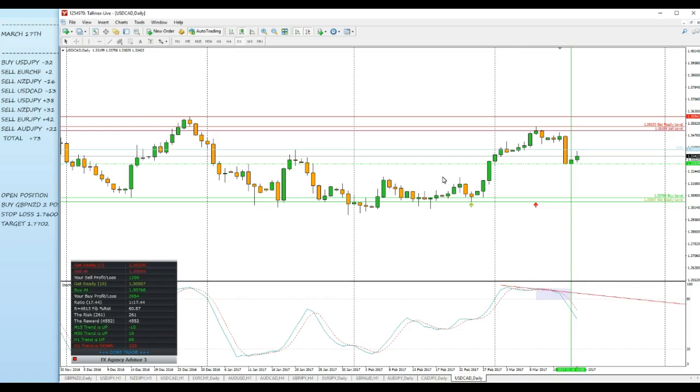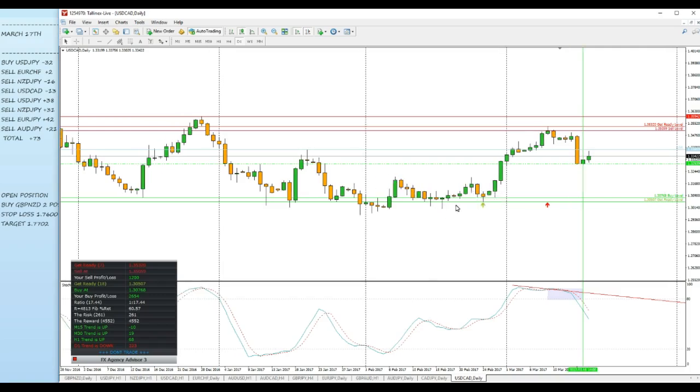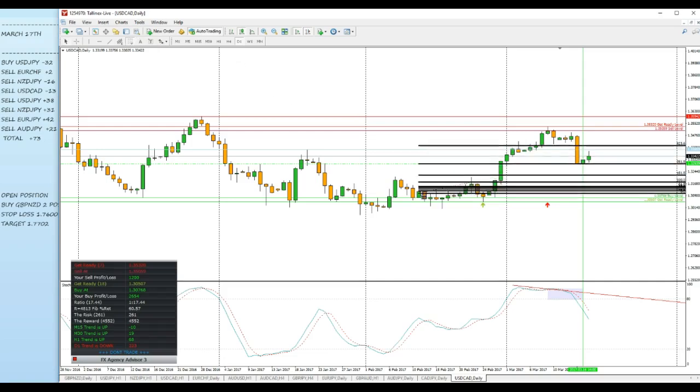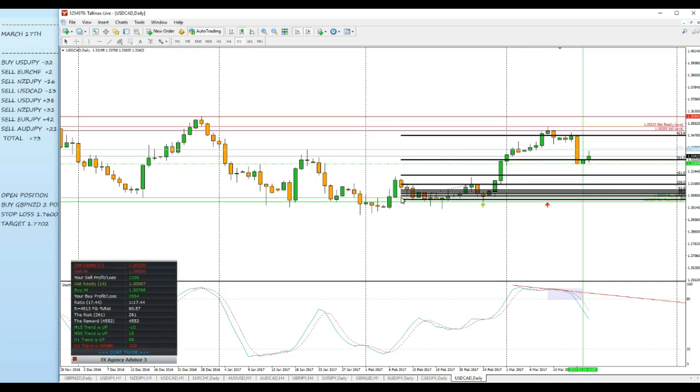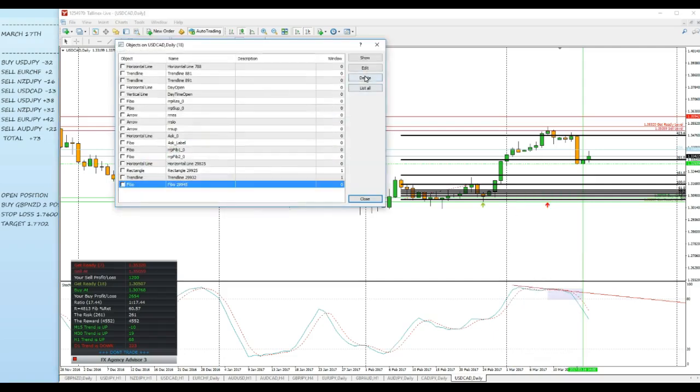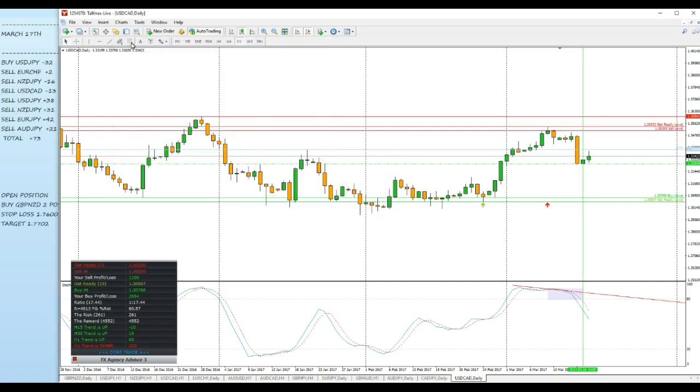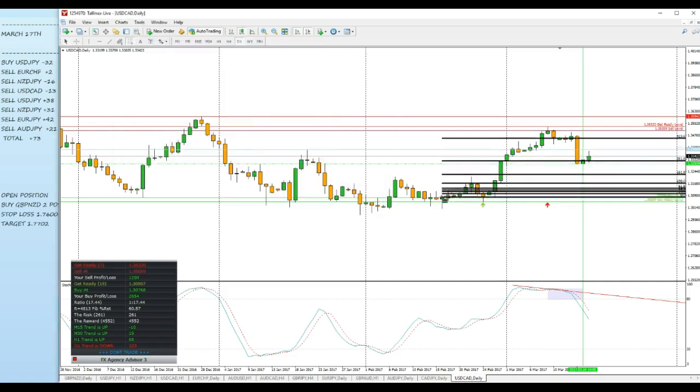Notice this double top. We had a 1, 2, 3 pattern here. So I would take my Fibonacci tool and draw it from the swing high to the swing low. Let me draw it again because it just slipped on me. Swing high to swing low.